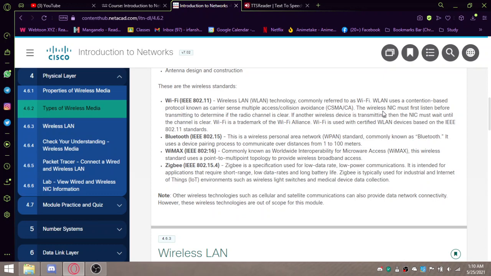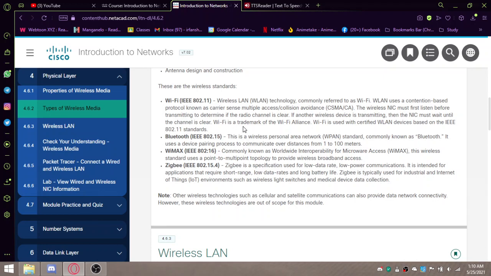Okay, the wireless network interface card must first listen before transmitting to determine if the radio channel is clear. If another wireless device is transmitting, then the network interface card must wait until the channel is clear.